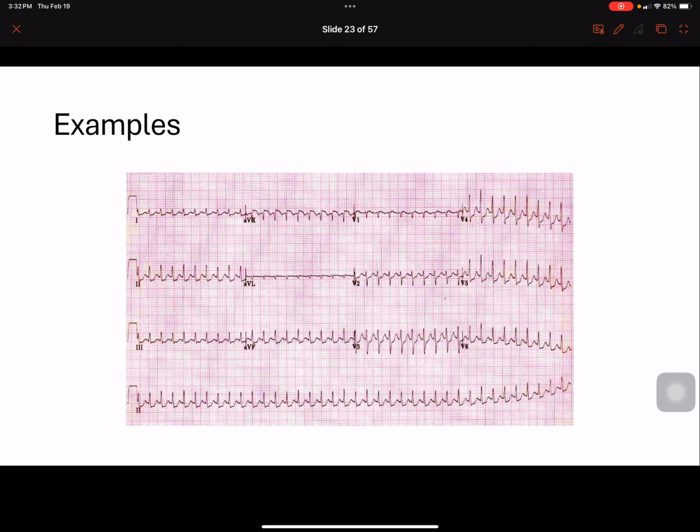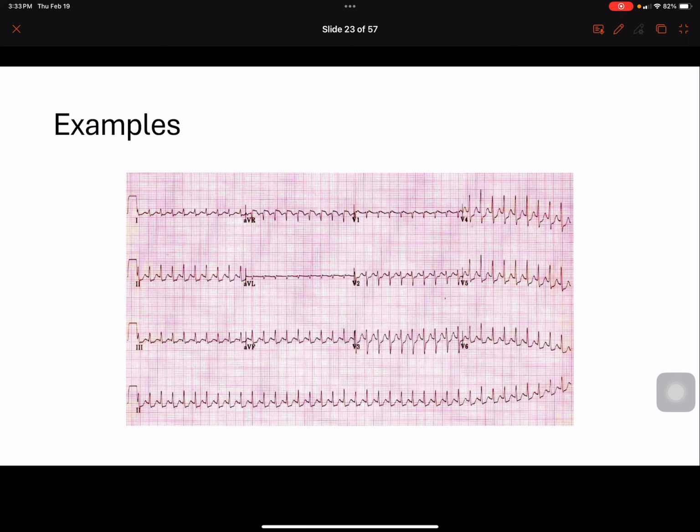Okay, let's finally look at some examples of AV nodal reentry tachycardia, oftentimes referred to incorrectly as SVT. You'll hear me use these synonymously because it's ingrained in my brain. First of all, note the rate, the R to R is very consistent and very fast, almost 200 beats per minute.